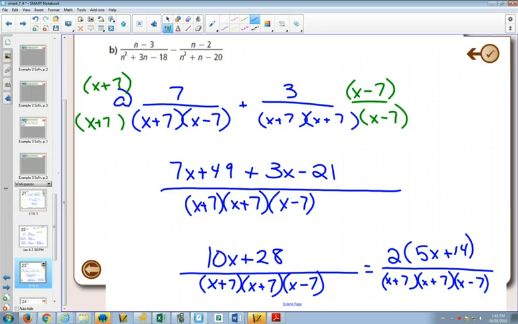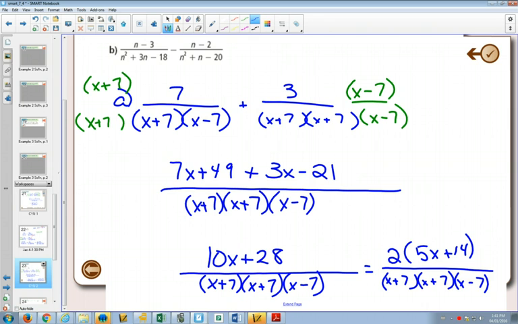And now I check, after I factored the top completely, is there any factors that are identical? In this case, no. If there was, then we could simplify it further. But this would be as far as we could go.